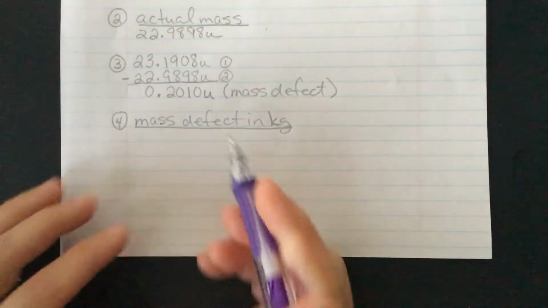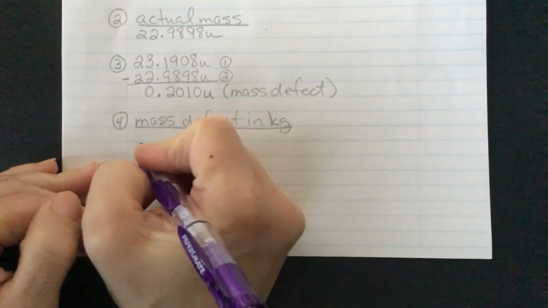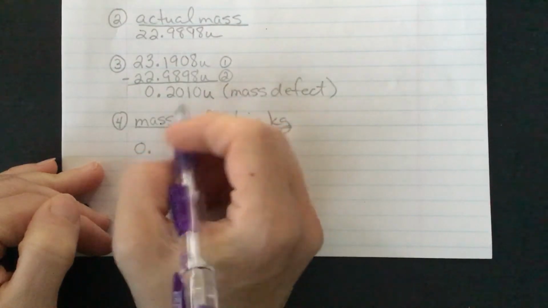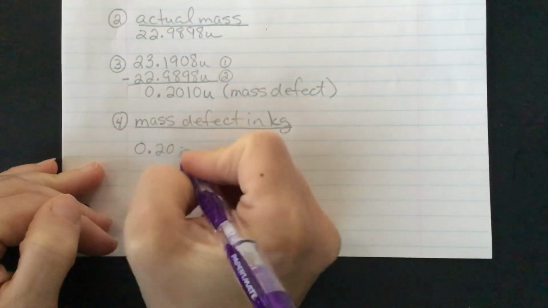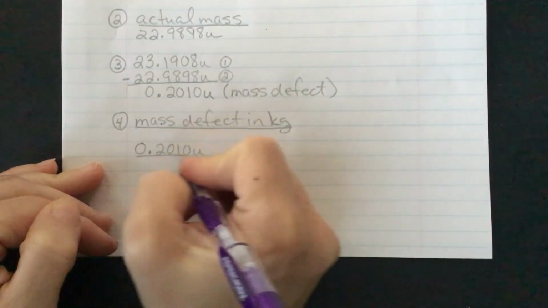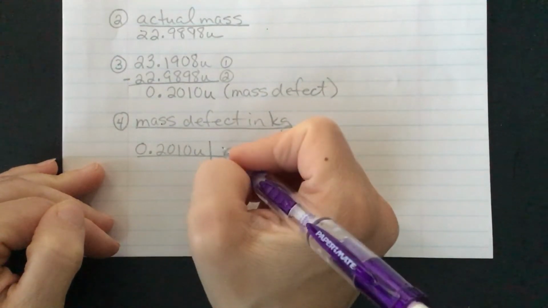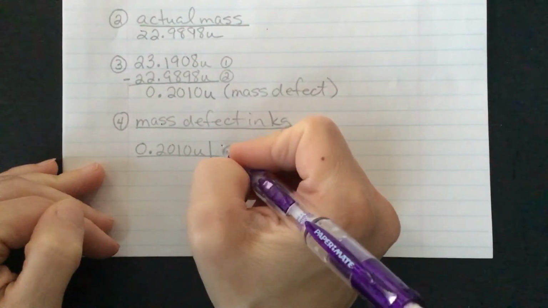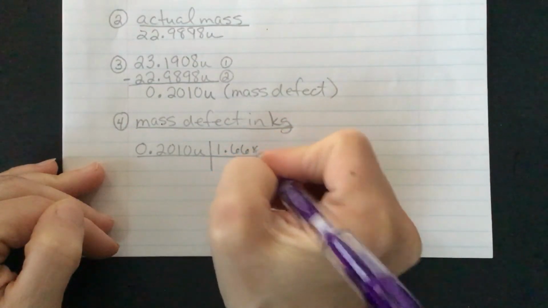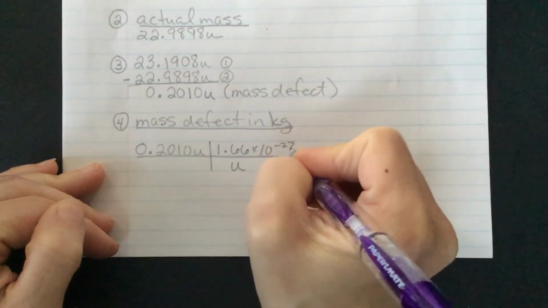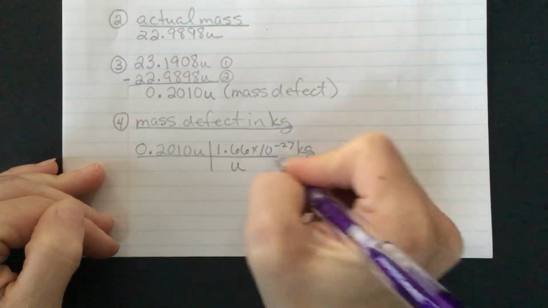So the way they do that is you take your answer from 3 and you do a conversion.